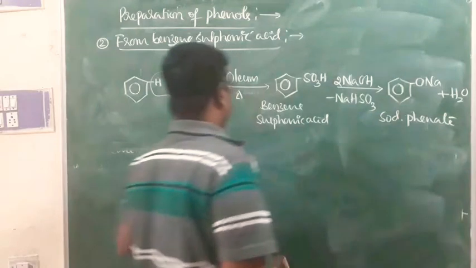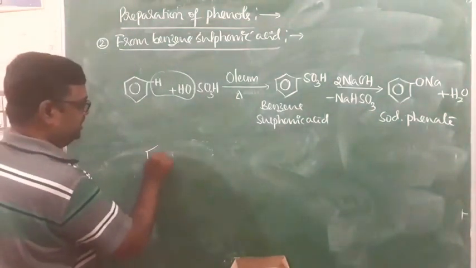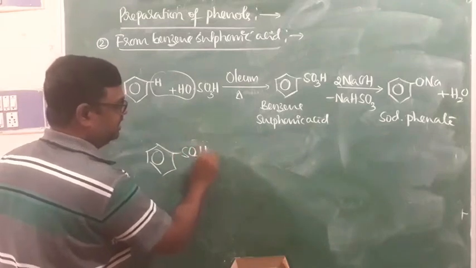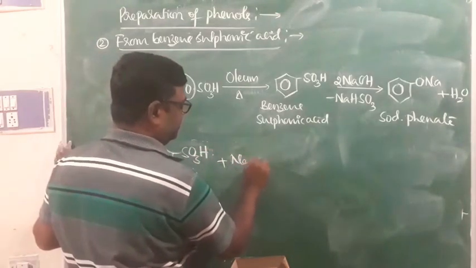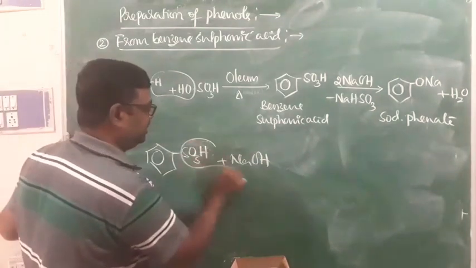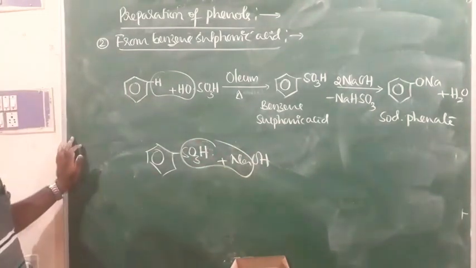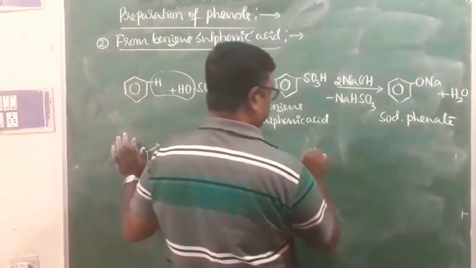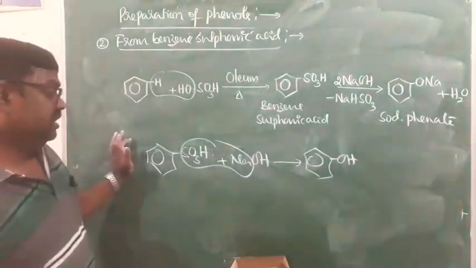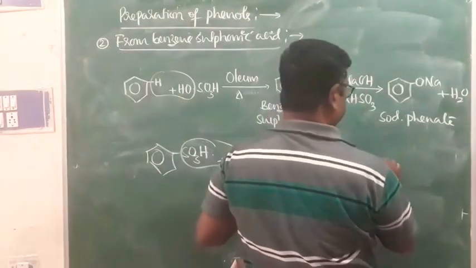Sodium phenate. Let me show you this separately. This is SO3Na, the SO3H group, and you are going to get NaOH, and NaHSO3, and then you are going to get OH. And one more NaOH molecule is there.